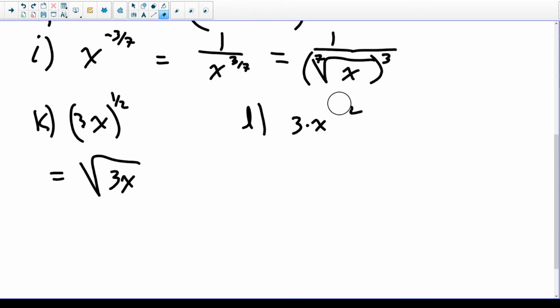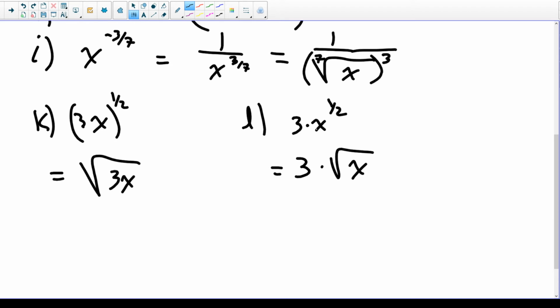So I was kind of trying to mess you up by putting that 1/2 a little bit further away from the x there. The 1/2 is right next to the x. It is not affecting the 3. This is what that one would look like. Okay? So I'm just going to fix that 1/2, it looks terrible.